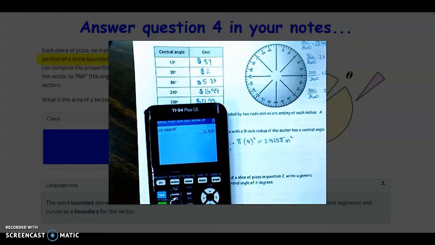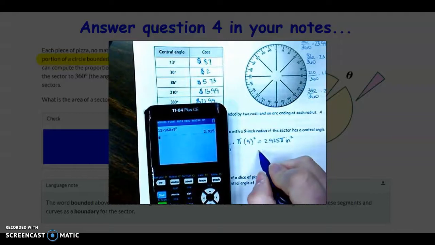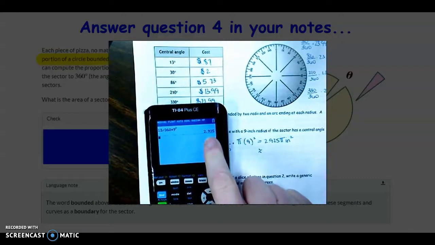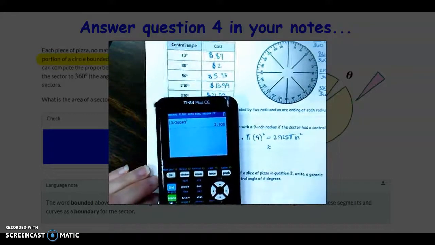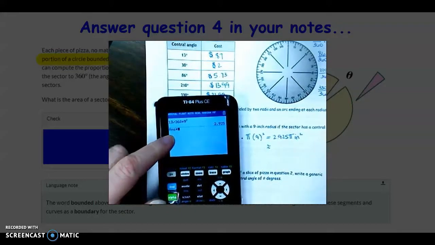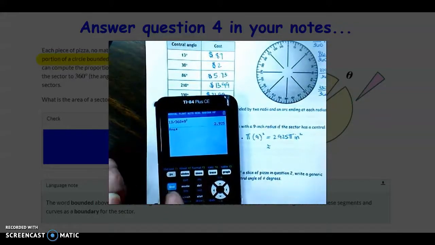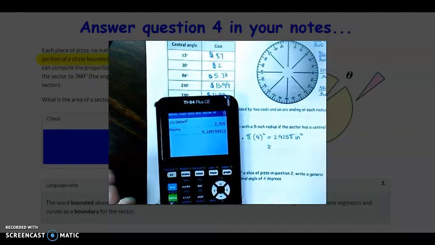Now, if I wanted it rounded, then I would just simply multiply this by pi. And I don't have to retype that in. If I press times, do you see how it brings the answer down? And I can multiply by pi. And then I can round it to whatever place value it tells me to.